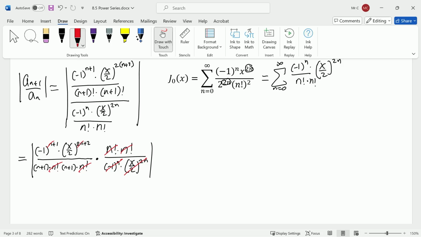So I can cancel 2n factors of that expression. And now let's see what we've got left. Negative 1 times x over 2 squared times, and then all I've got left is 1 over n plus 1 times 1 over n plus 1, which is 1 over n plus 1 squared.